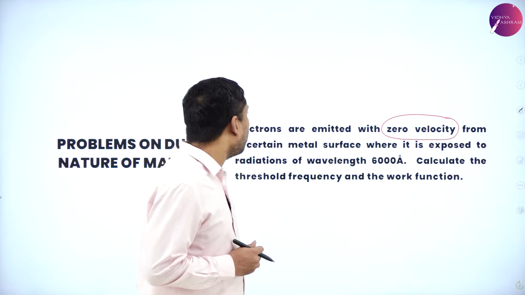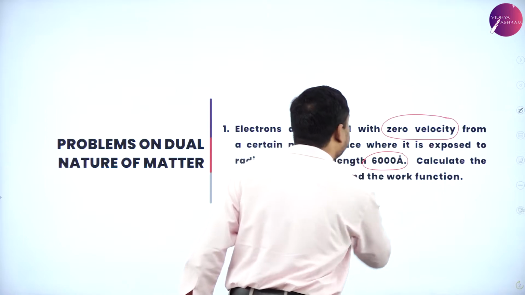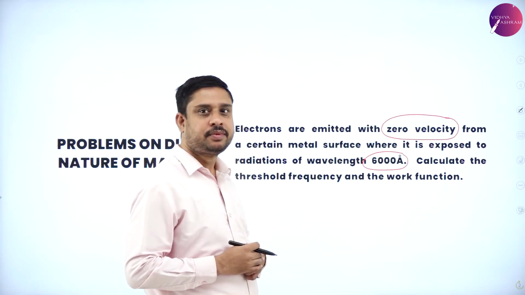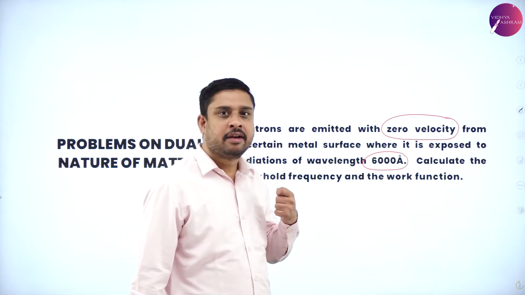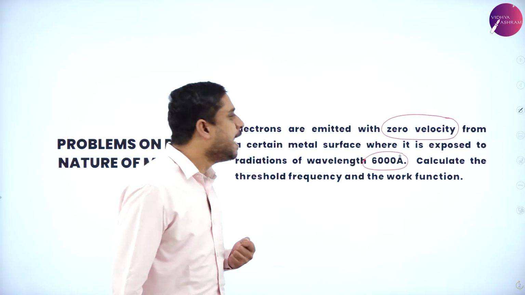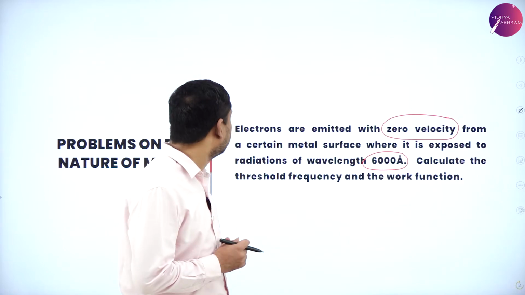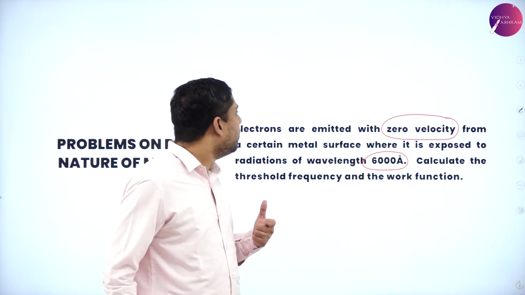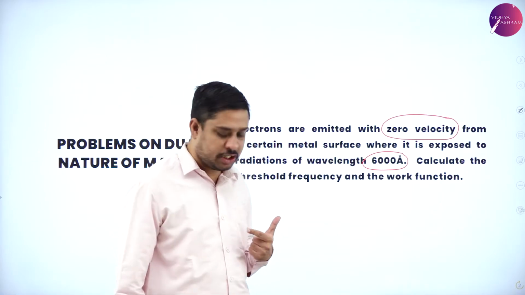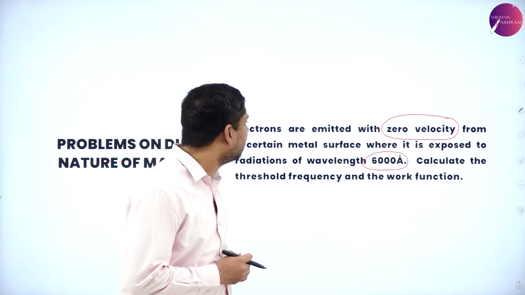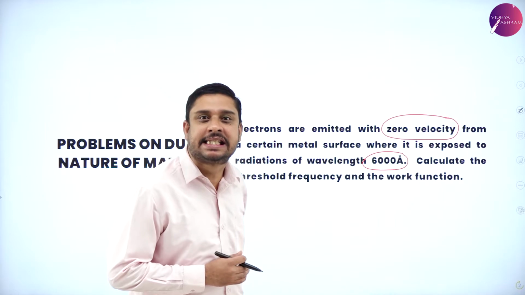radiations of wavelength lambda naught. So, electrons are emitted with zero velocity from a certain metal surface when radiations of wavelength 6000 angstrom is incident on it.